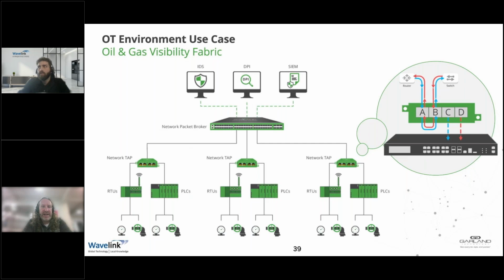So in this case, we are doing some very large tap to packet broker solutions. We'll have facilities that are deploying 50, 100, 200 wire taps, and we're taking the outputs of those taps into a packet broker to consolidate them and be able to send to their security and monitoring tools.